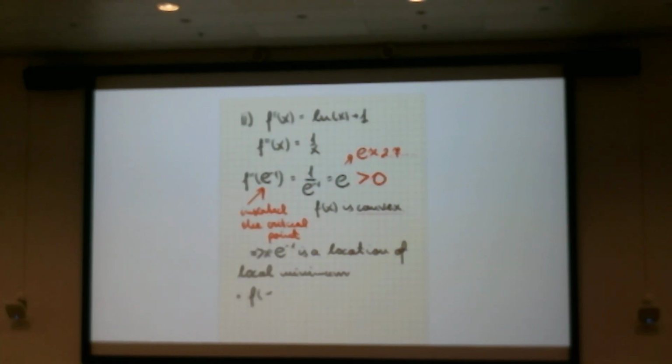So if I evaluate the function at e to the minus 1, I have e to the minus 1 times logarithm of e to the minus 1. So I just substituted e to the minus 1 instead of x. Here we cannot do anything. e to the minus 1 is e to the minus 1.